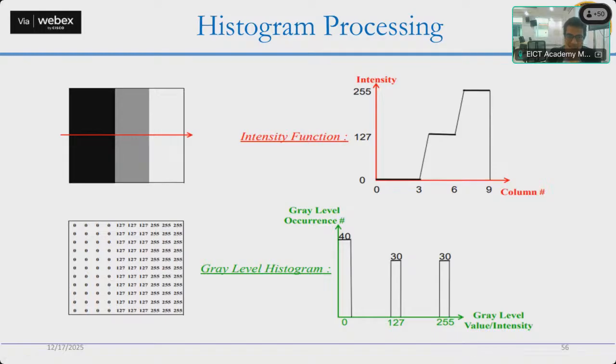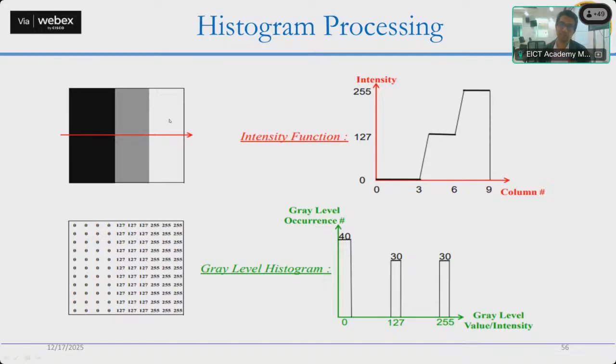Between 0 to 3, all the values are basically 0. This is not the histogram, this is only the intensity function. Between 3 to 6, all the values are at the 127 level. And between 6 to 9, all the values are white only.